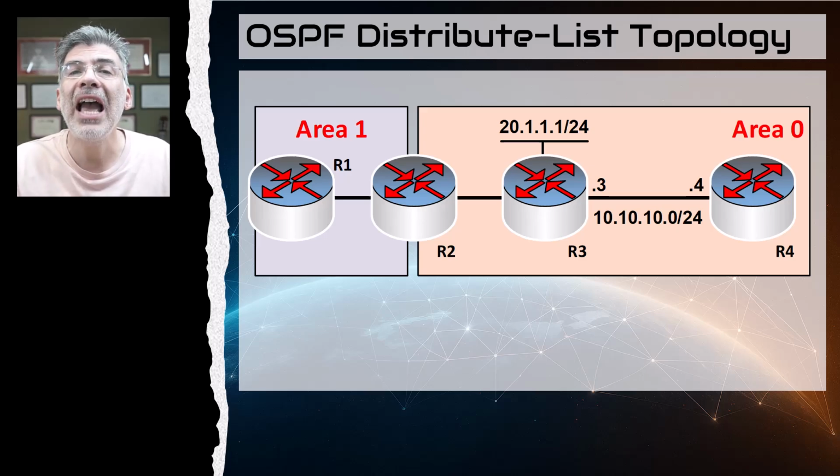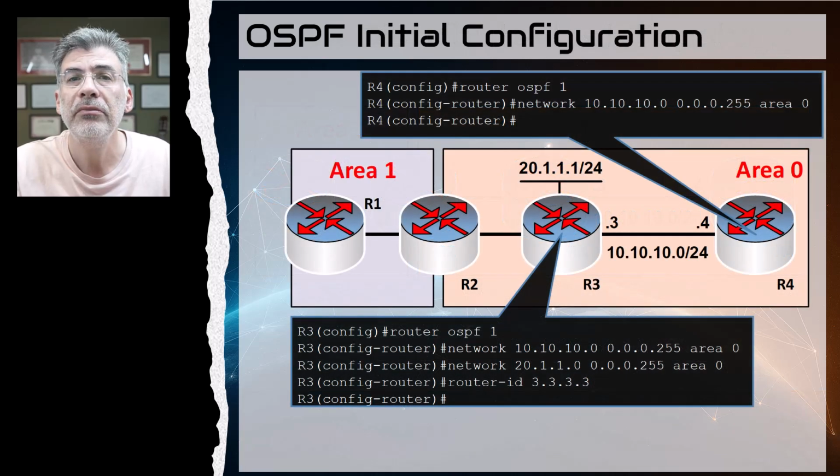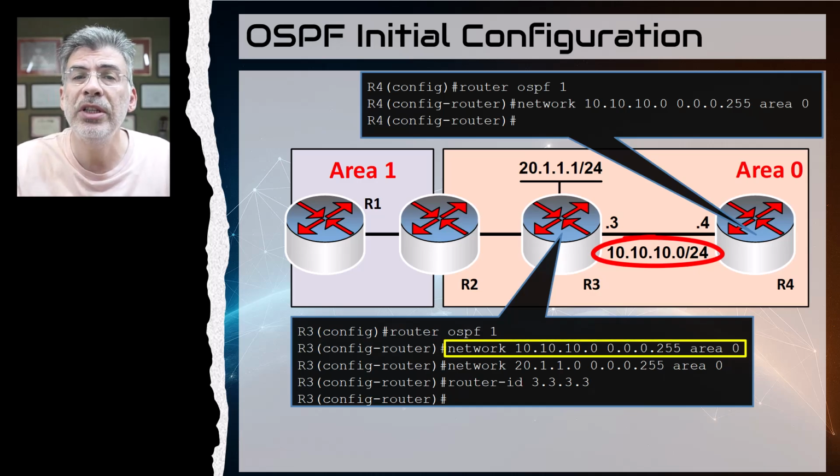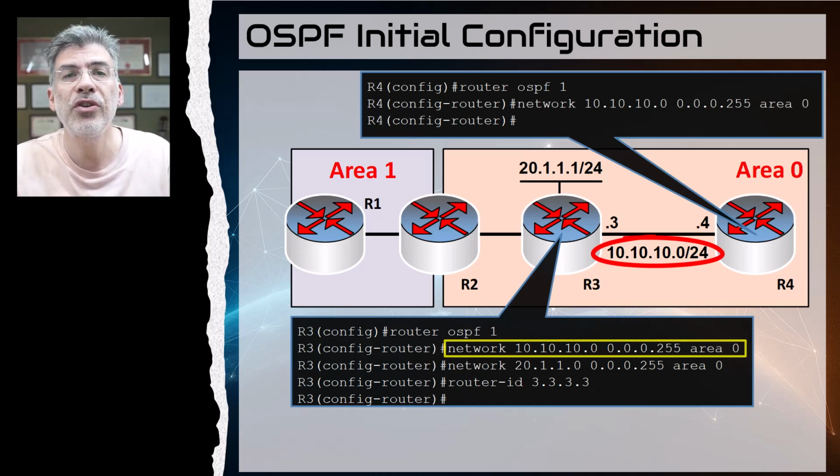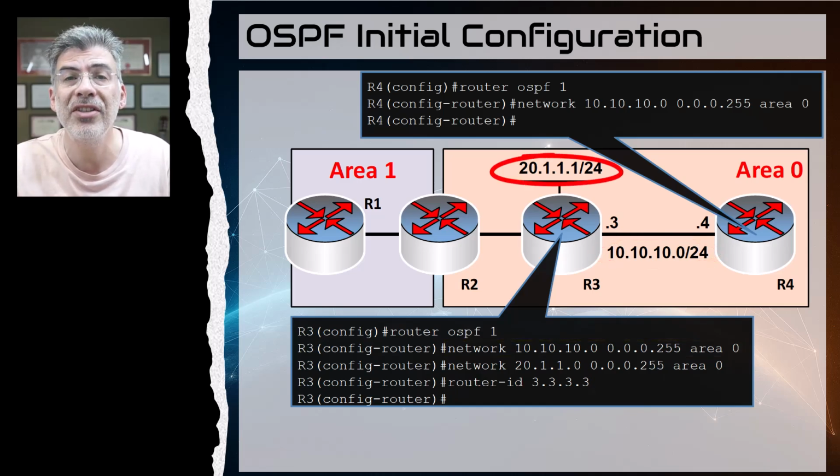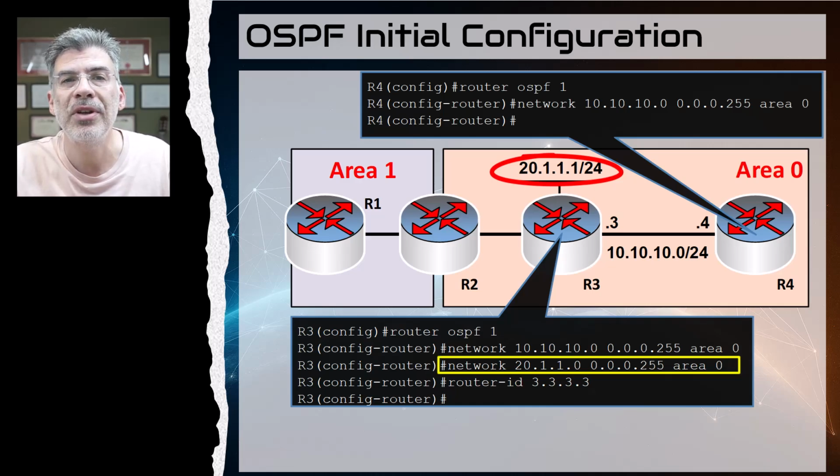So let's take a look at the OSPF configuration that has already been configured on R3 and R4. In R3, we can see that this network between the two routers is included in OSPF. This will ensure that R3 and R4 become neighbors. We also see that the 20.1.1.0/24 network on this loopback interface here is also being advertised in OSPF.